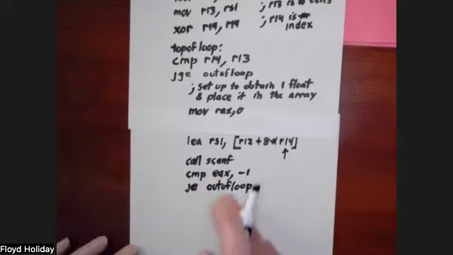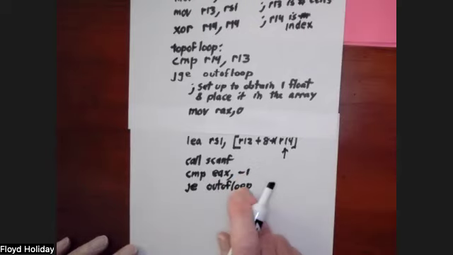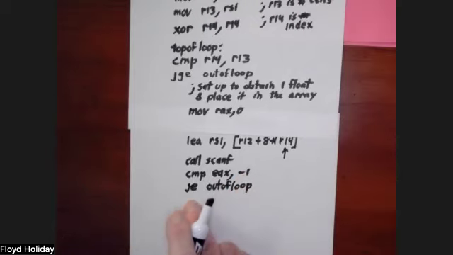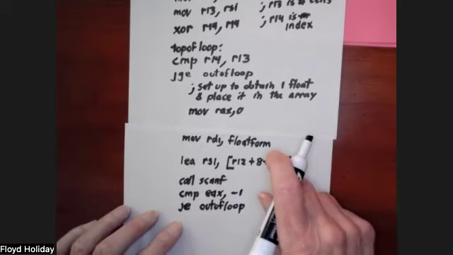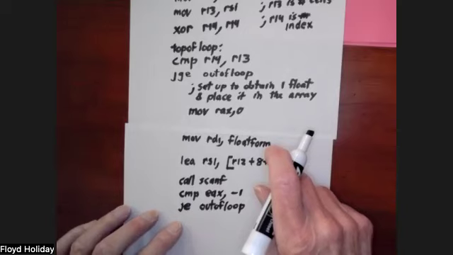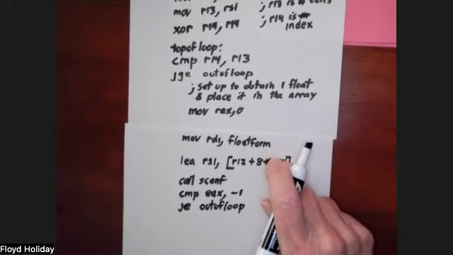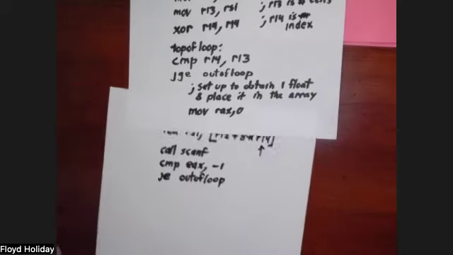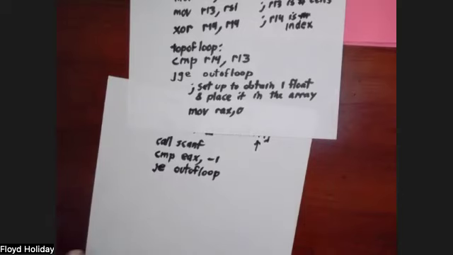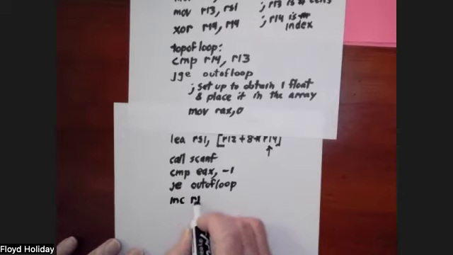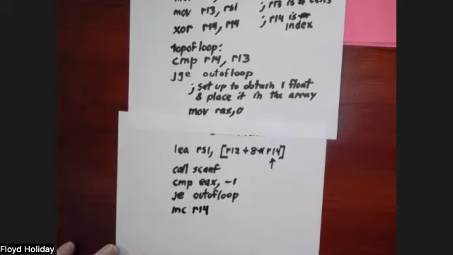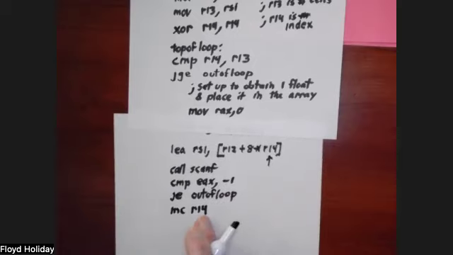Okay. If this fails the comparison test, then a number has been placed into the array at the location index stored in R14. So it's time to increase R14 for the next iteration of the loop. The next number will go into the increased R14.